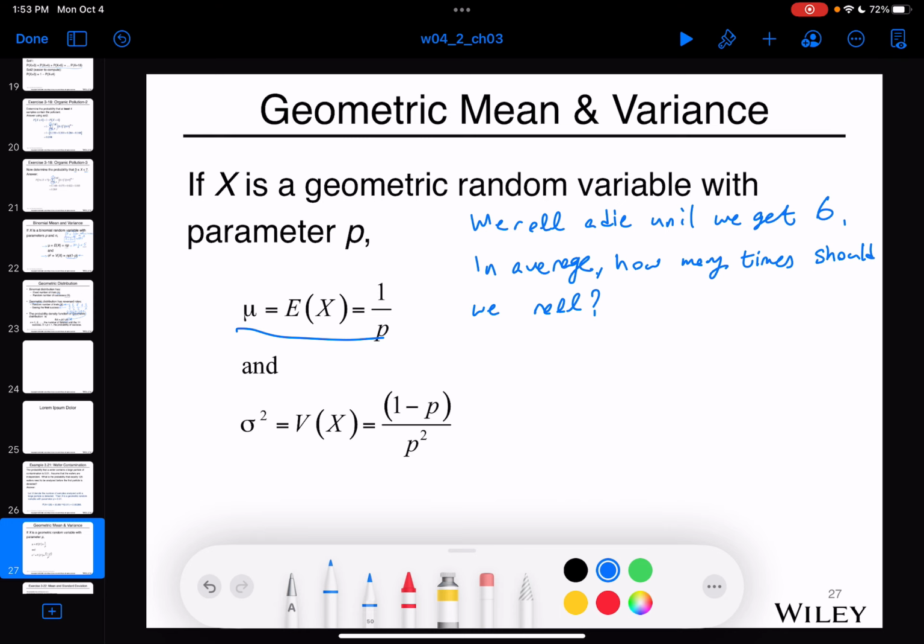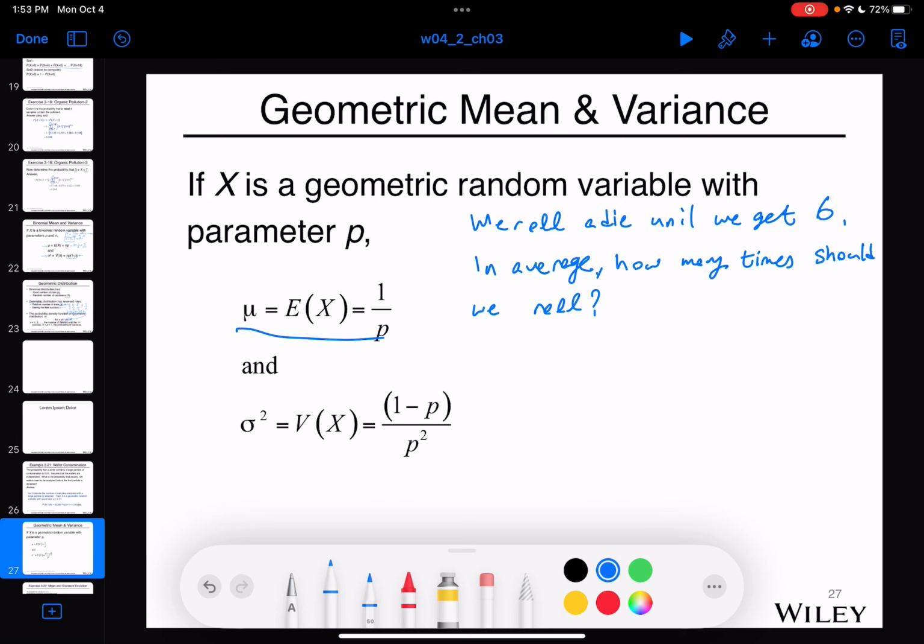right? So the goal is we want to get a 6, right? So we keep rolling the die until we get a 6. So we might be lucky and we roll a 6 in the first trial, or we might be unlucky and roll, you know, 1,000,000 times and not get a 6, right? But on average, how many times should we roll the die to get a 6? 6 times, right?